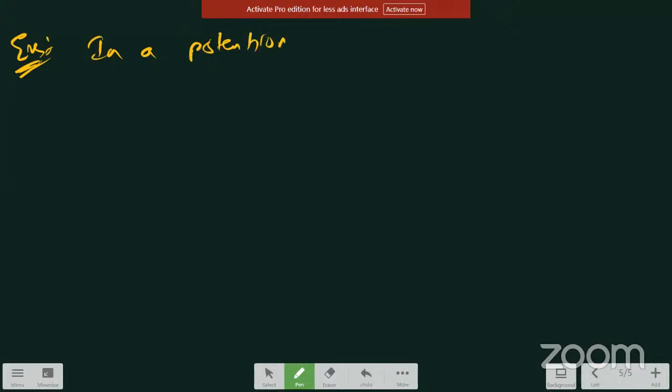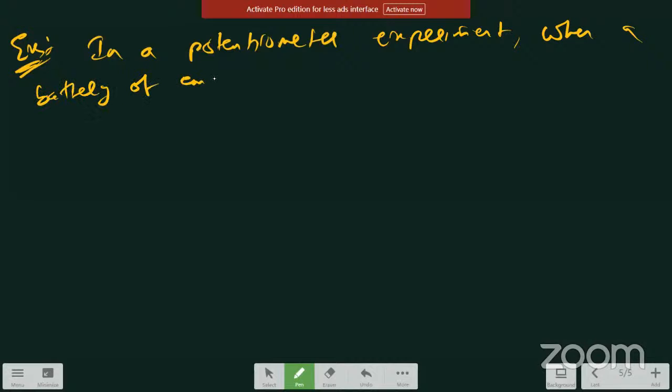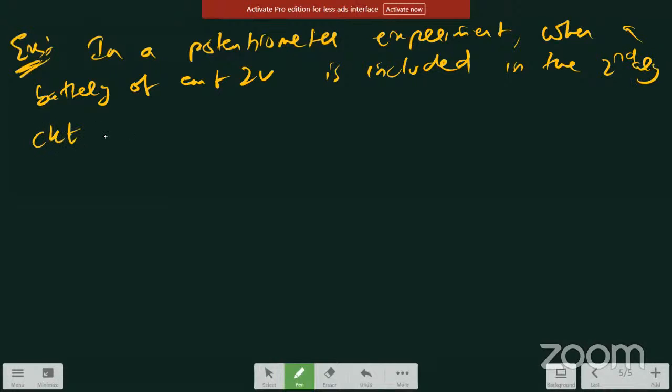In a potentiometer experiment, when a battery of EMF 2 volt is included in the secondary circuit, I hope every one of you is familiar with the secondary circuit, right? The balance point is 500 centimeter.